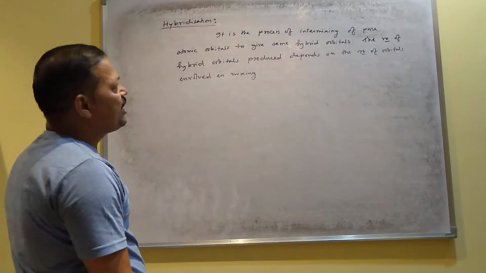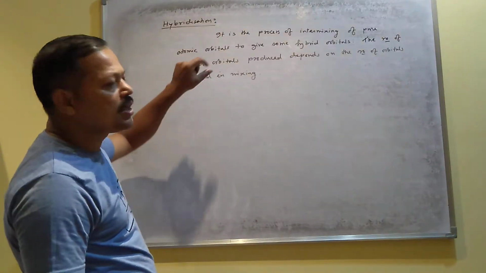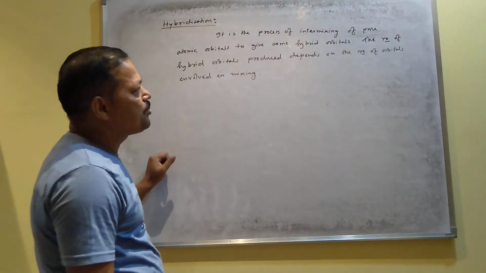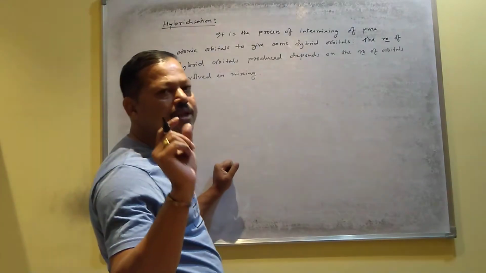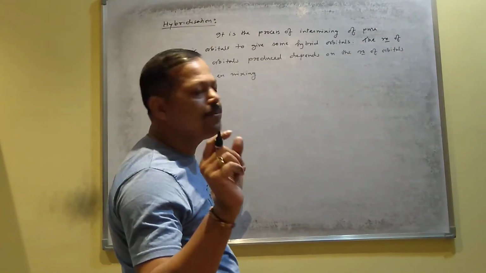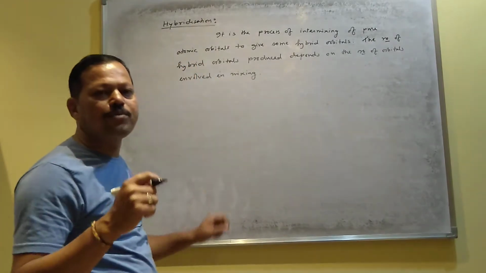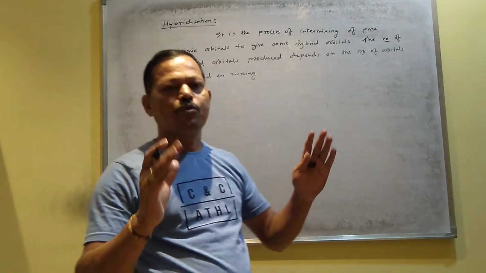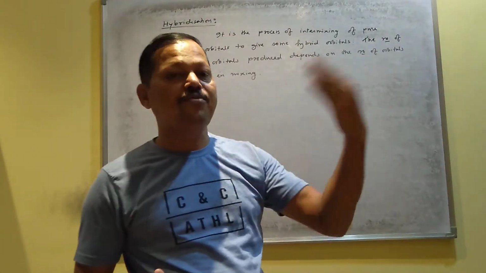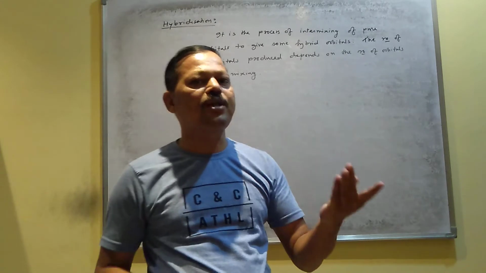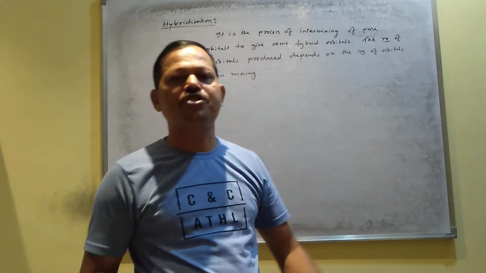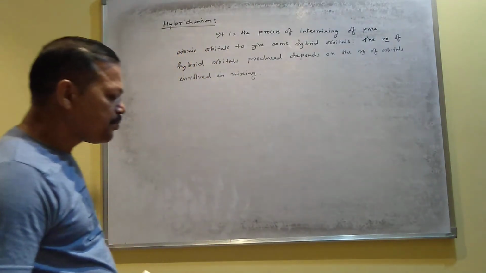I mean, how many hybrid orbitals you will get mainly depends on the number of orbitals involved in mixing. If 4 orbitals are involved in mixing, you will get 4 hybrid orbitals. If 3 orbitals are involved in mixing, you will get 3 hybrid orbitals, like this.